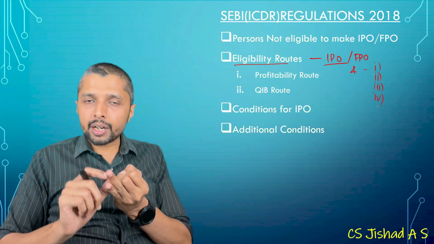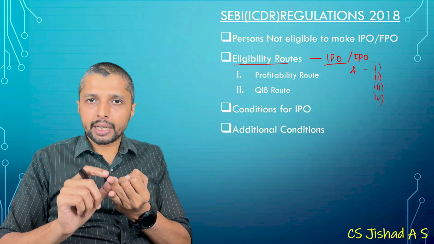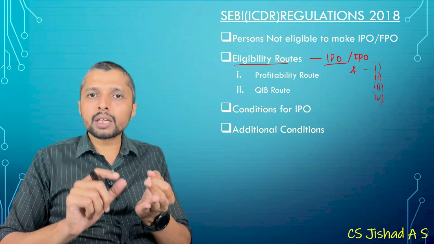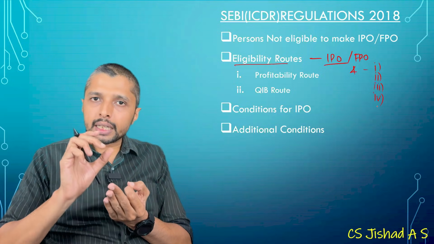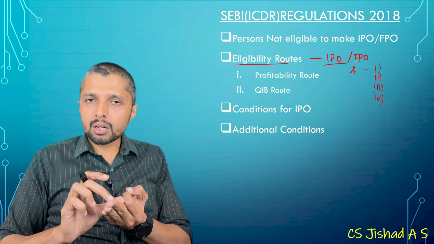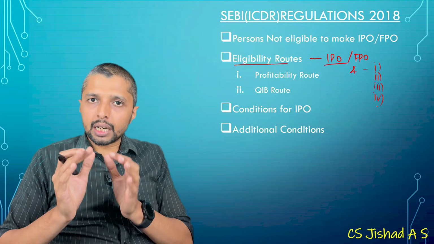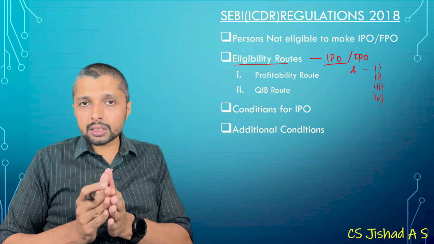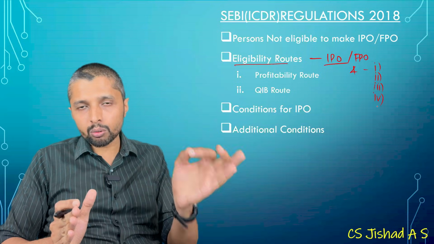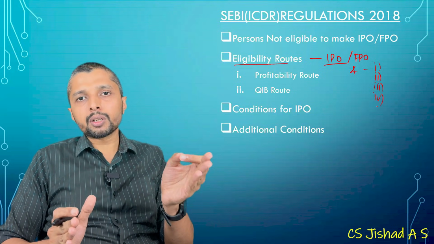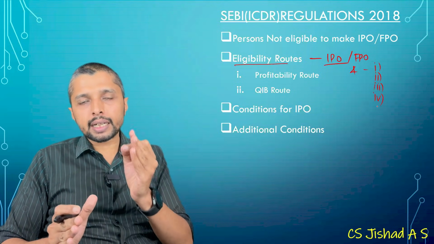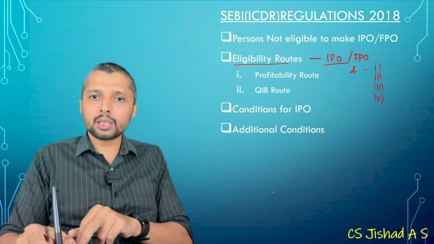Then average net operating profit of 15 crore or above. Then net worth of minimum 1 crore should be there. Number 4, if the company has changed its name during the preceding 12 months, minimum 50% of the revenue must come from the activity associated with the new name.